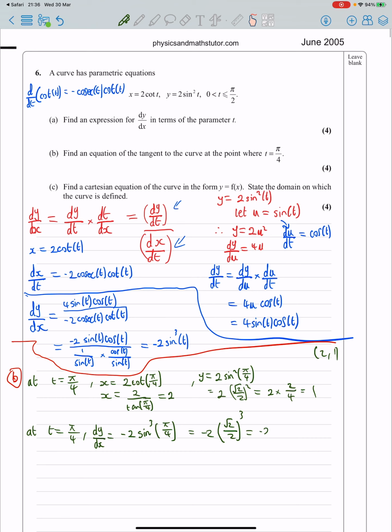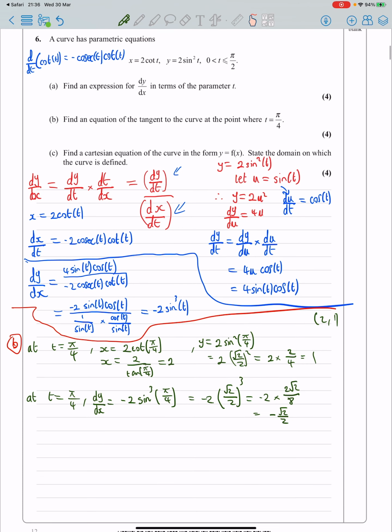And that's equal to minus 2 times root 2 cubed, which is 2 root 2, over 2 cubed, which is 8. So that's equal to minus 4 root 2 over 8, so minus root 2 over 2. So we've worked out the gradient.